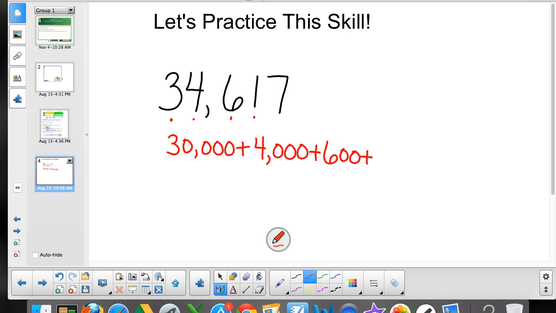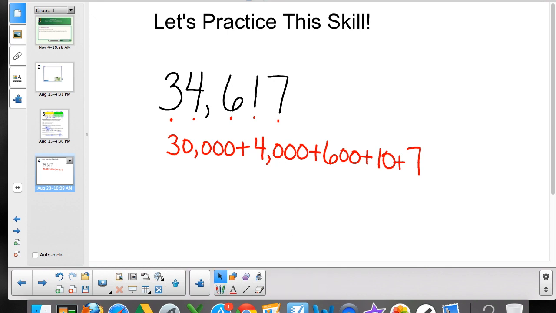Looking at the 1, which is in the tens place, 10. And the 7, 7 ones. So we have 30,000 plus 4,000 plus 600 plus 10 plus 7. That's our number in expanded form.